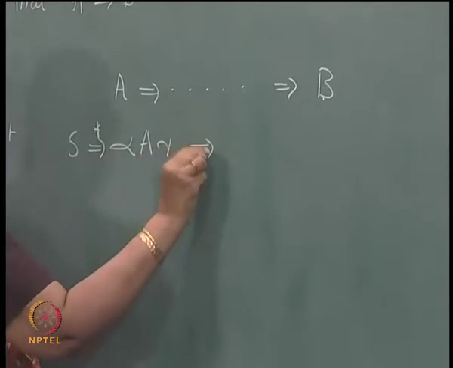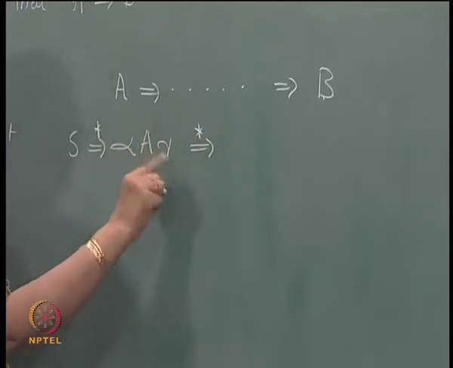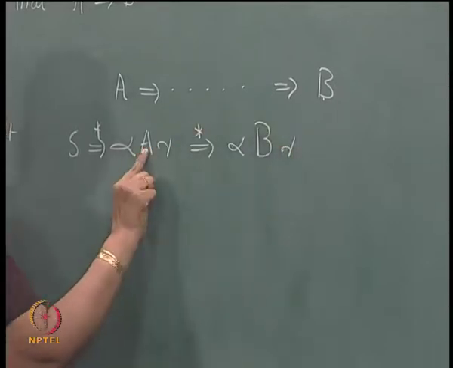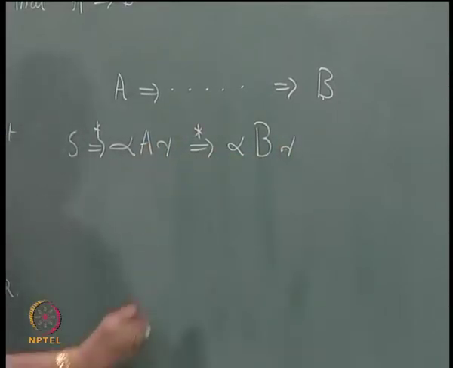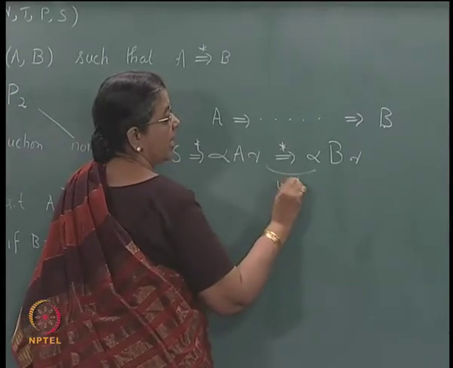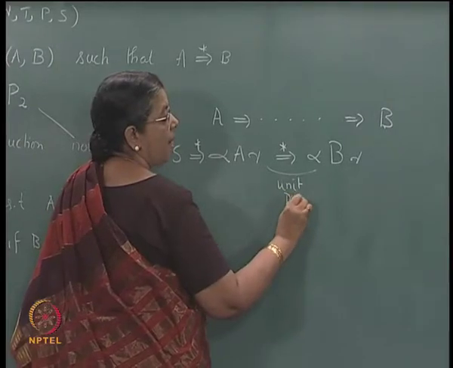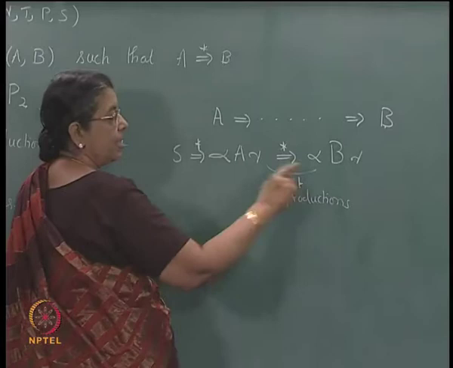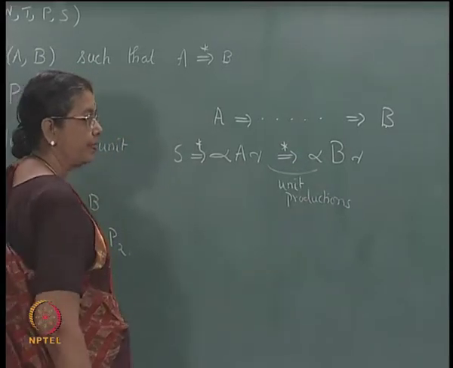Then after some steps making use of unit productions only, you get alpha B gamma, because from A you are able to derive B, and these steps use only unit productions.